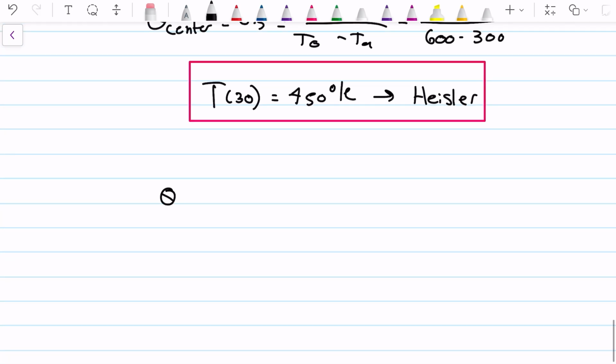Remember, the lumped capacitance model says that the temperature over our object is consistent throughout. So we're not worried about center temperature or surface temperature, it's all just one theta. And that is equal to the exponential of negative n times Biot number times tau. For a cylinder, n is equal to 2.